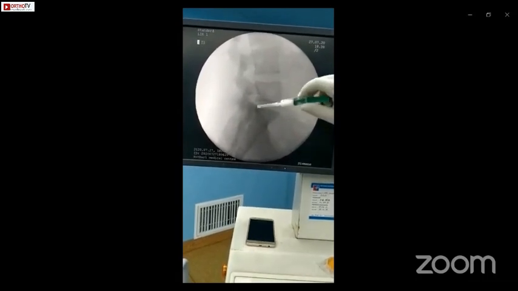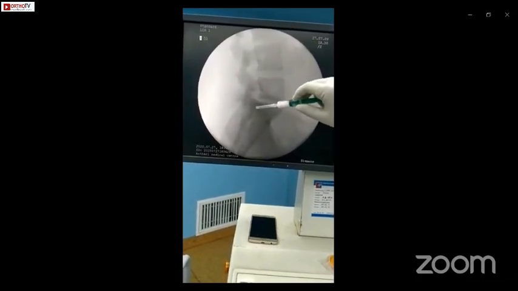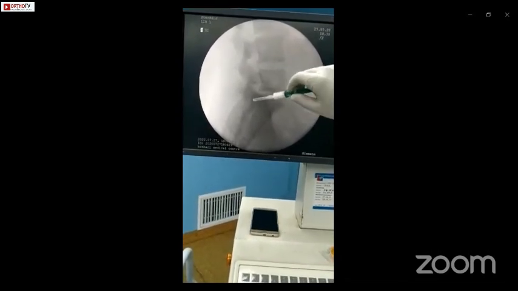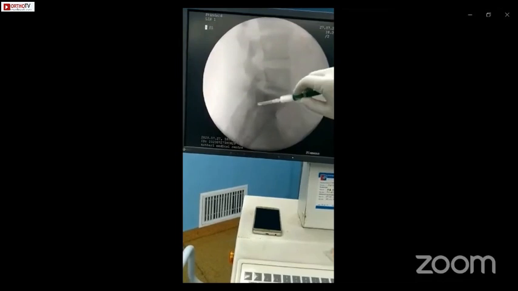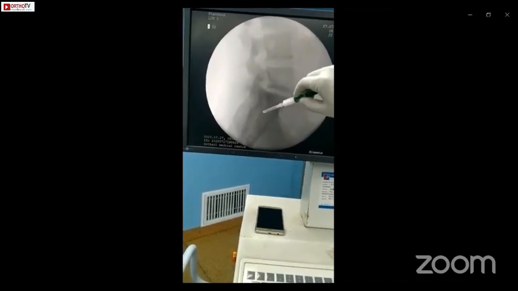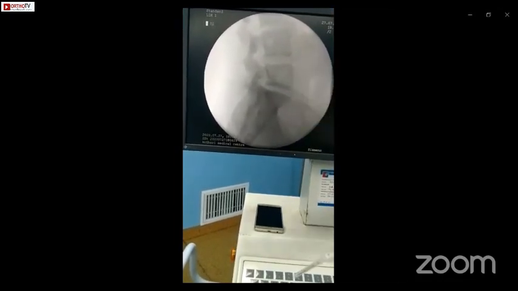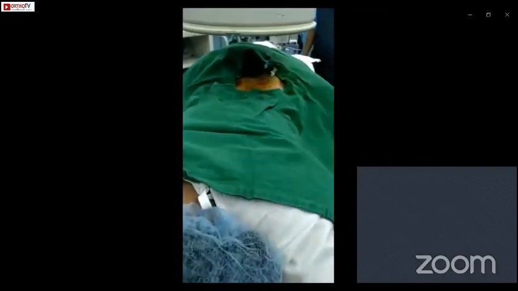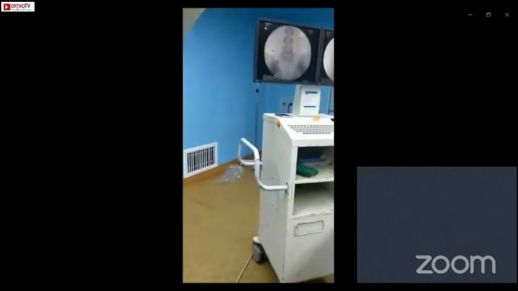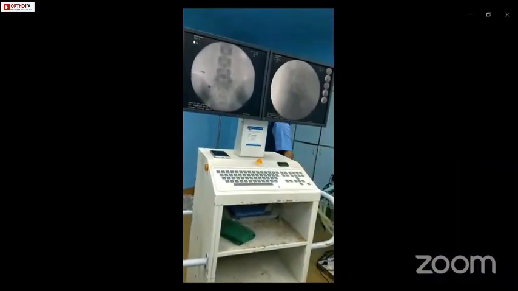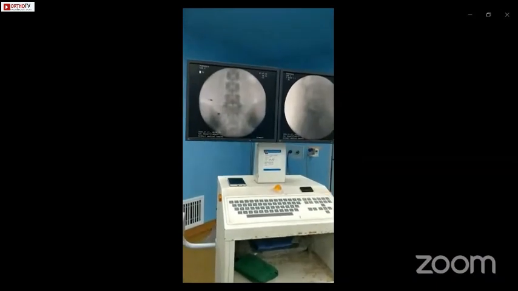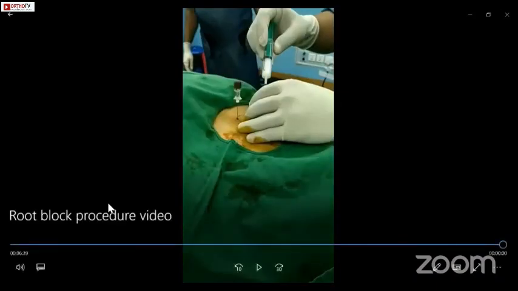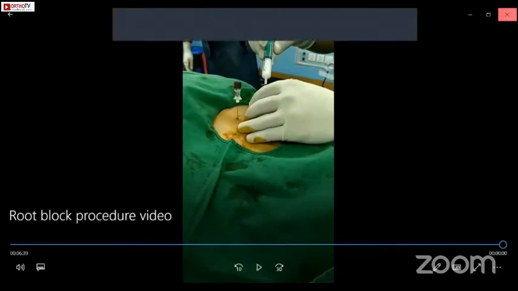So this is the pedicle of S1, that's the S1, and through this area, approximately through here, the anterior sacral foramen, the S1 root comes out, and you've taken the S1 root there. So this is the L5 root block, this is the S1. As you can see, both of them are from lateral to medial and they just cross the lateral border of the pedicle. That's the correct position. Okay.